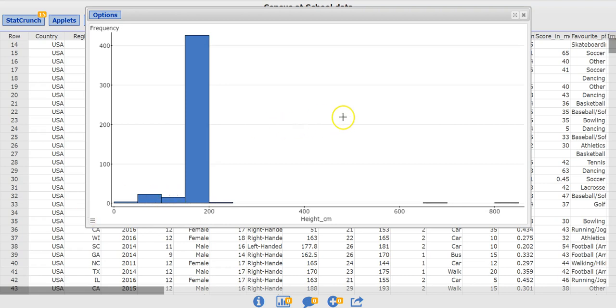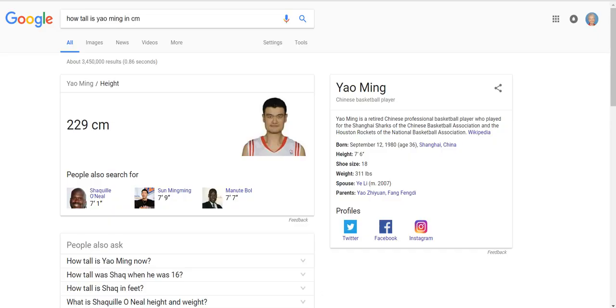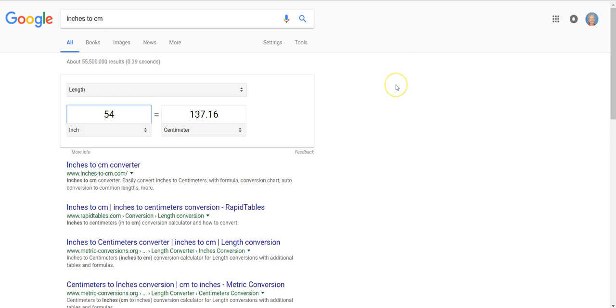So just to show you that these are definitely strange heights, Yao Ming is 7 feet 6 inches tall, and he's 229 centimeters. So 600 and 800 are totally unrealistic. And these are all high school students. And let's say just in an extreme case we have a high school student who is only 4 feet 6 inches tall.